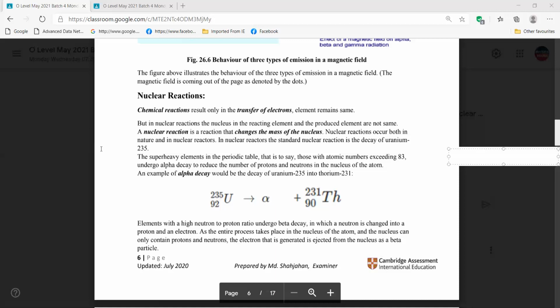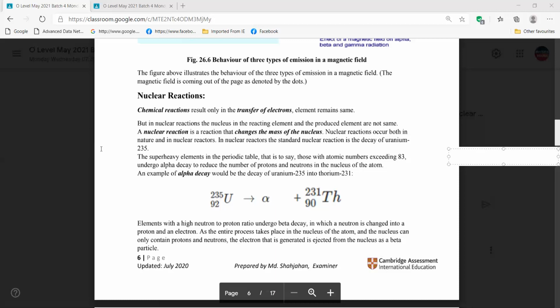In nuclear reactor, the standard nuclear reaction is the decay of uranium 235. Super heavy elements in the periodic table, that is to say, those with the atomic number exceeding 83, undergo alpha decay to reduce number of protons and neutrons in the nucleus of the atom. An example of alpha decay would be decaying of uranium 235 into thorium 231.